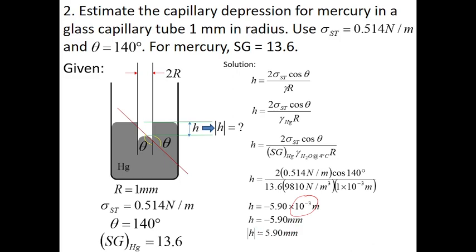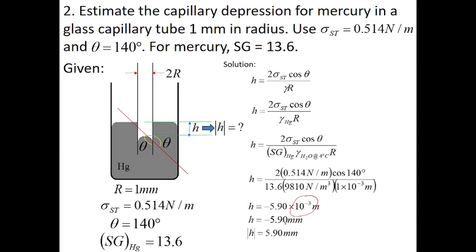Then we get the absolute value of h. We get positive 5.90 mm. So this is now the capillary depression, the magnitude. So there is a fall of 5.90 millimeters. In other words, there is a rise of negative 5.90 millimeters.